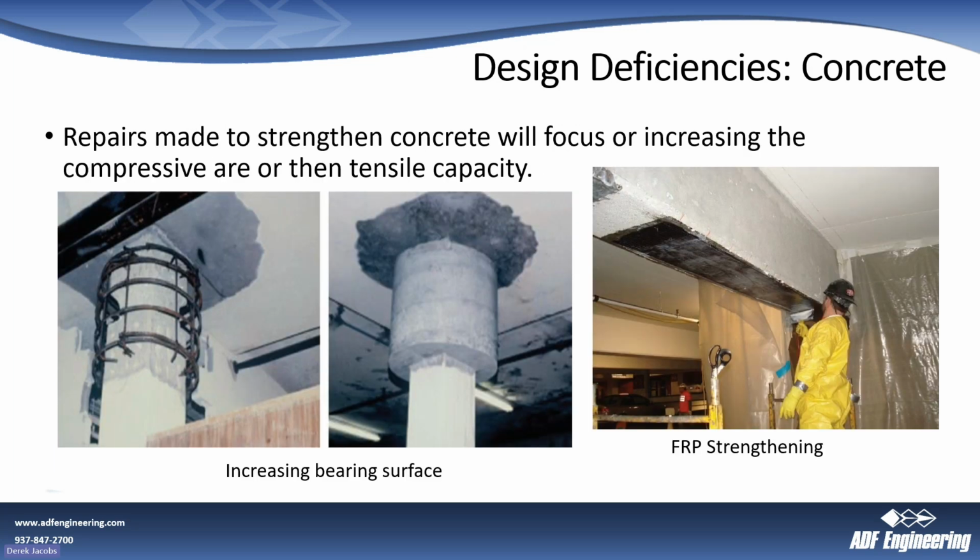If we have something like concrete, a lot of these, if we're repairing a column that doesn't have enough bearing for the shear transfer from the floor slab or from the beams above, we'll increase the width or the diameter of that column to transfer that force better.